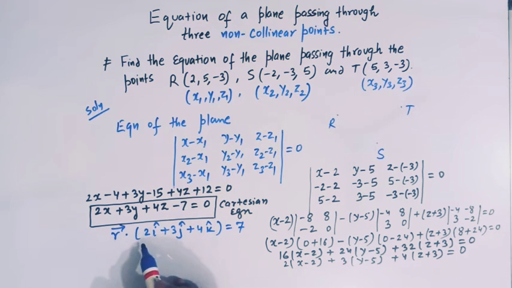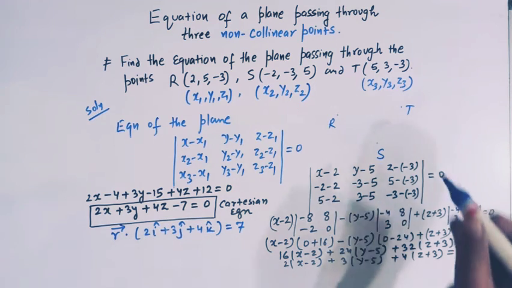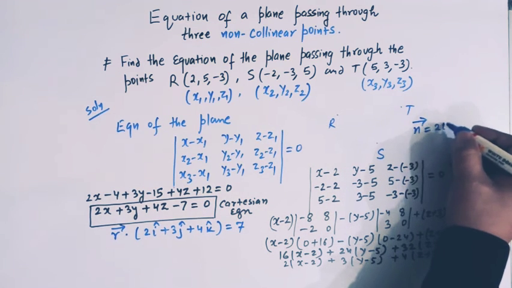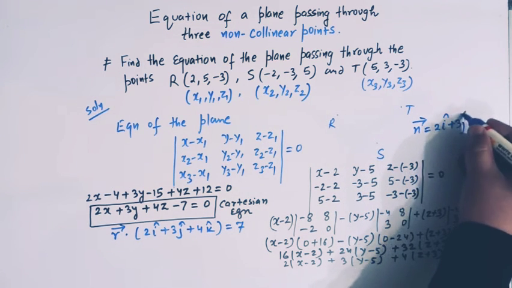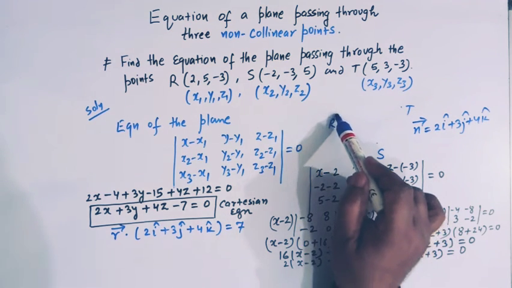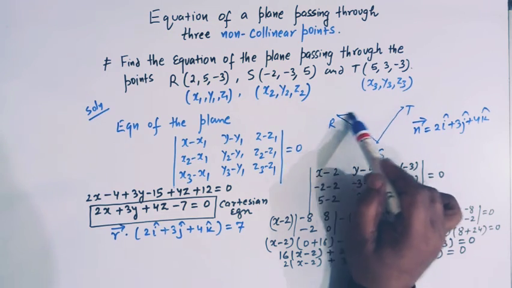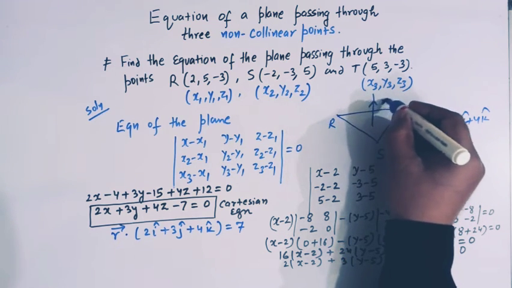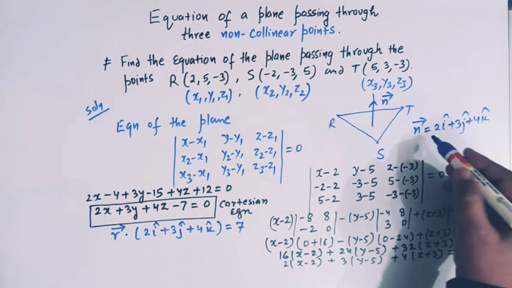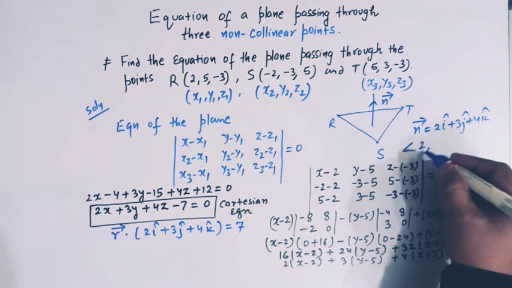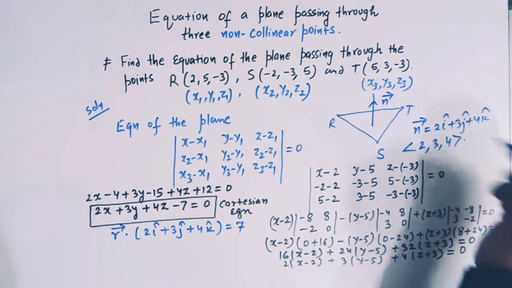The normal to the plane is given by the vector n, which is 2i cap plus 3j cap plus 4k cap. Suppose this is the plane, then the normal to this plane is given by this vector. So the direction ratios of the normal vector to this plane are 2, 3 and 4, right?